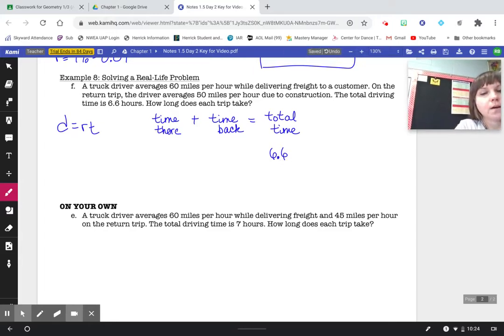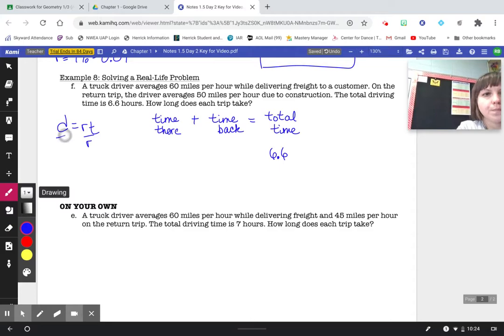Now, time there. If I don't know the time there, let's look at this formula and what can we do? Well, if I solve for time, that means I'm going to divide both sides by r. So I can think of time as the distance over your rate. So let's put distance over rate for both of these.